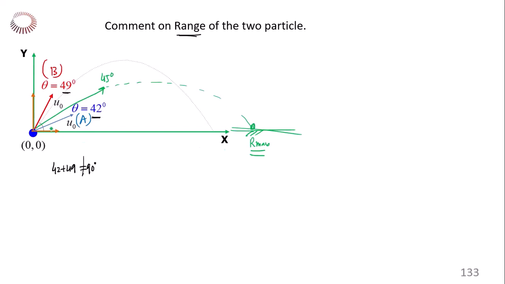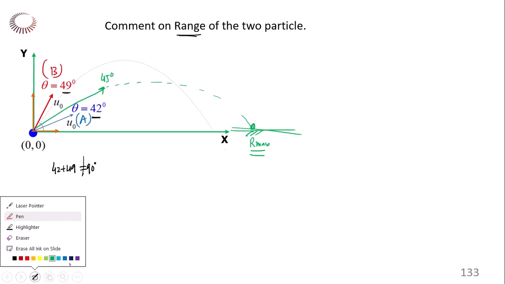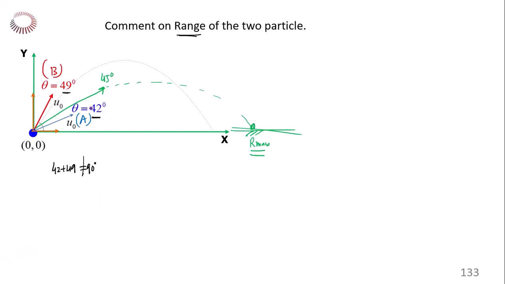Now we have to check what is the difference of angle between these two particles. For the first one, 42 and 45, the angle difference is 3 degrees. Here the angle difference is 4 degrees. So the more the angle difference, the more is the difference of the distance.